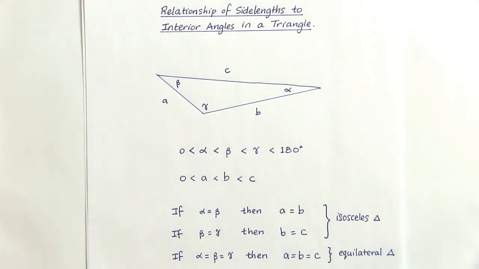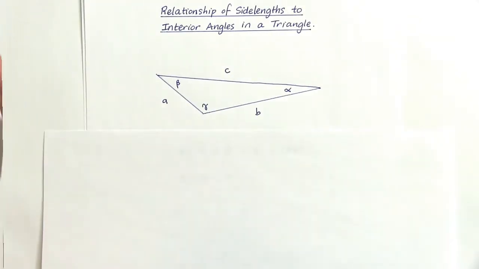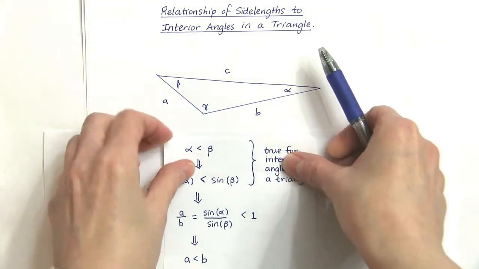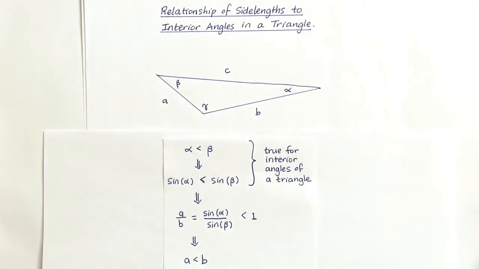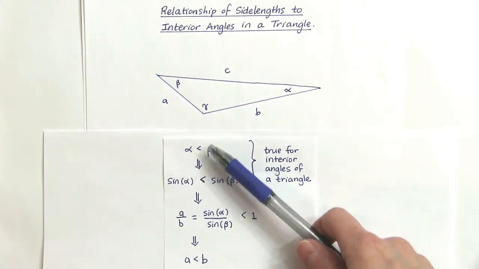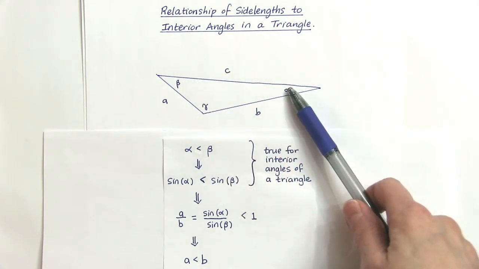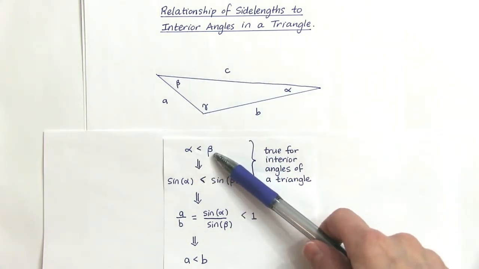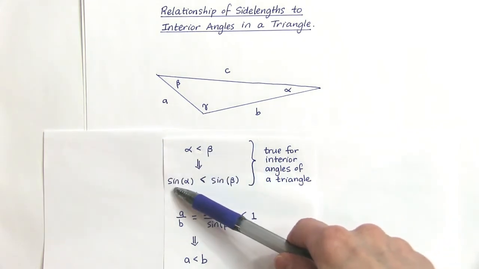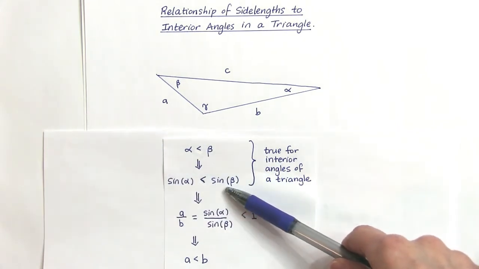This property can be proved using the law of sines. I can show you a sketch of the proof. It looks like this. First of all, if you take any two angles in your triangle, and alpha is the smaller one and beta is the greater one, it follows that the sine of alpha must be less than the sine of beta.